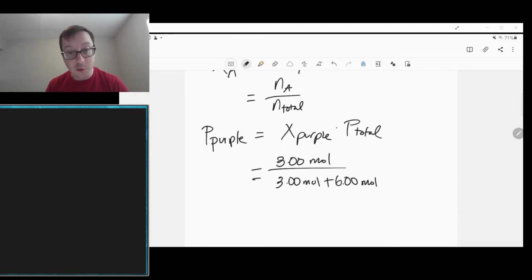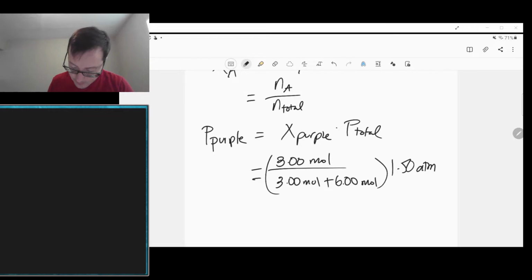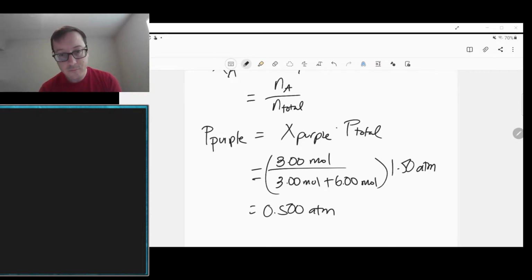That's our total moles for the system, times 1.5 atmospheres. And so if we do that, we see it's 1 over 3 times 1.5, which is 0.5 atmospheres.